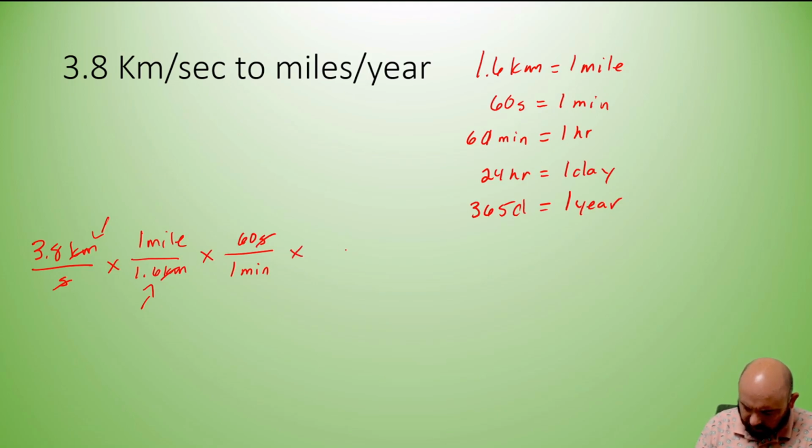Let's cancel the minutes there. There are 60 minutes in 1 hour. That cancels minutes but leaves us in hours, so we're not done. Let's go with the fact that there are 24 hours in 1 day.